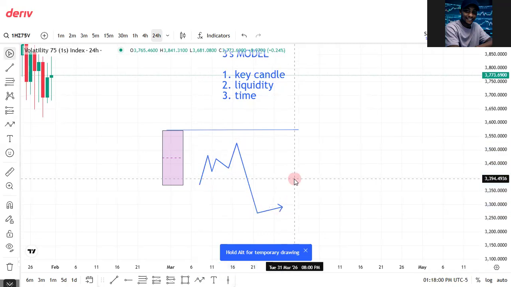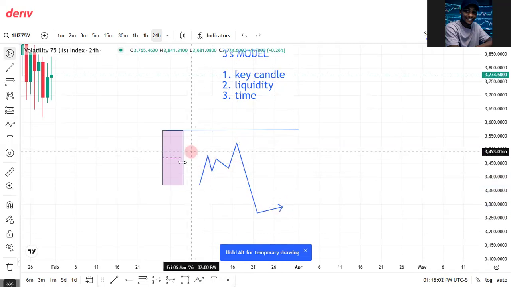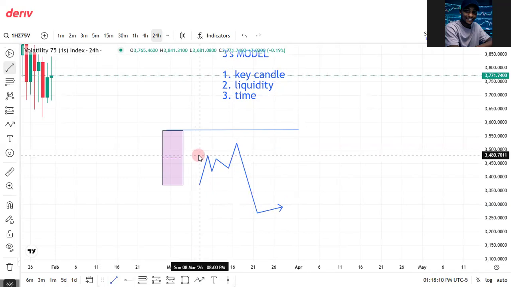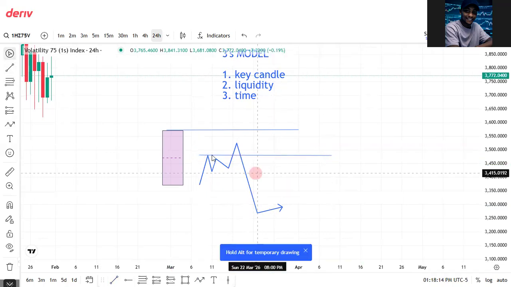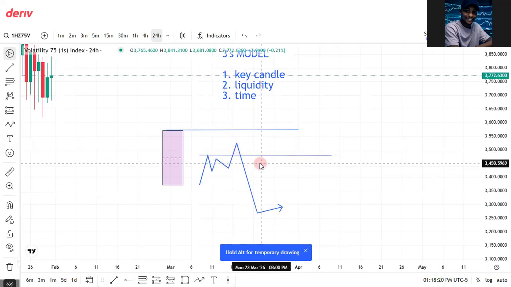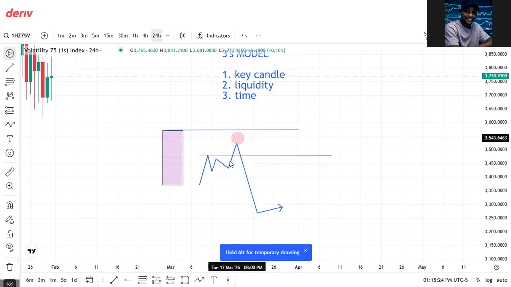So this is what I'm always hunting for. I need this opposing liquidity to get taken. Very important, guys, so make sure you write it down, right? Once price takes out this liquidity, that is where we drop to a lower time frame, the 1-minute time frame, to look for our entry.